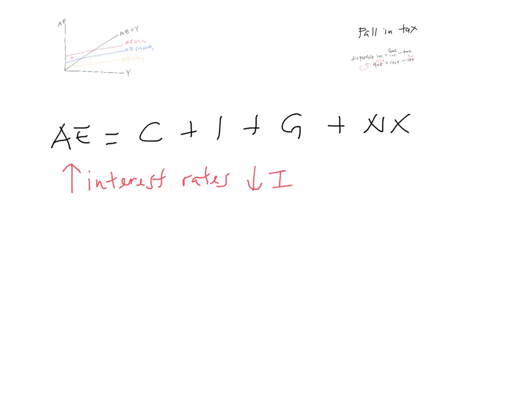Right? I could give you another situation. I could say there has been a strengthening of the exchange rate. Okay, the Australian dollar has gotten stronger. Okay, this would affect your net exports. Remember, net exports is exports minus imports.